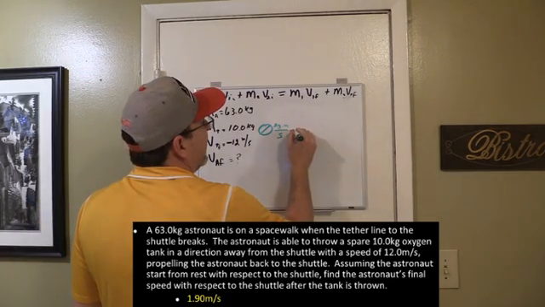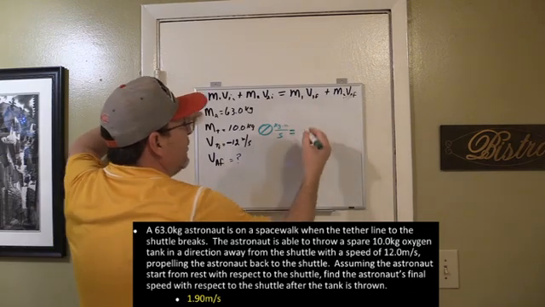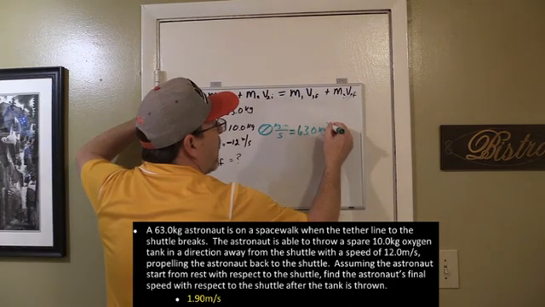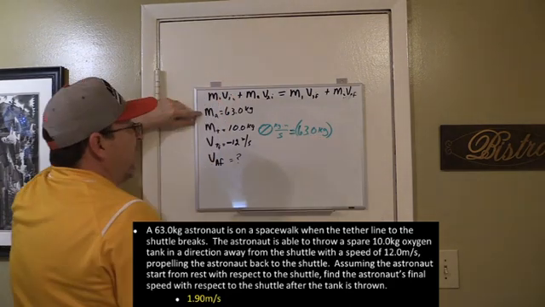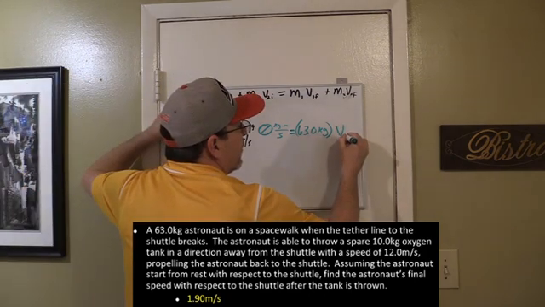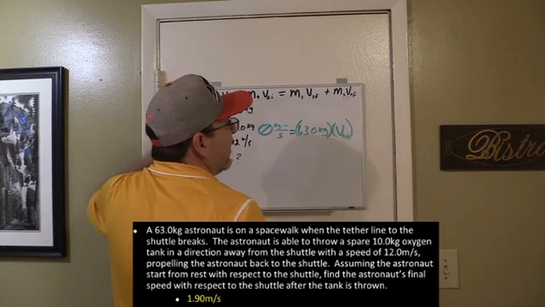Now, I need to get into all this. Mass 1, this is for the astronaut. The mass was 63.0 kilograms. The velocity, I don't know yet. That's the velocity final for the astronaut.